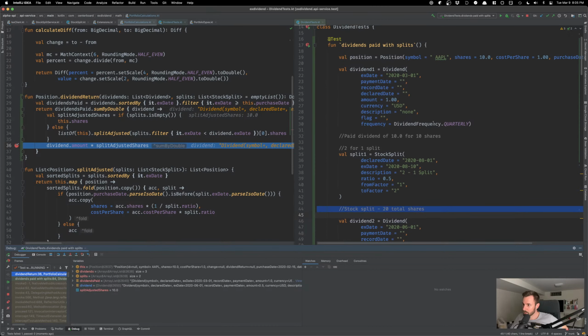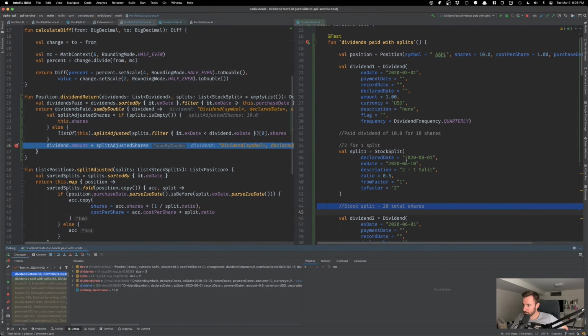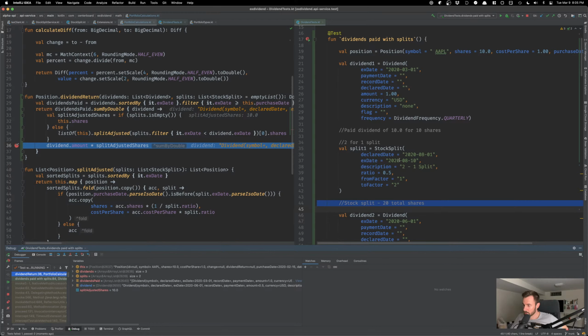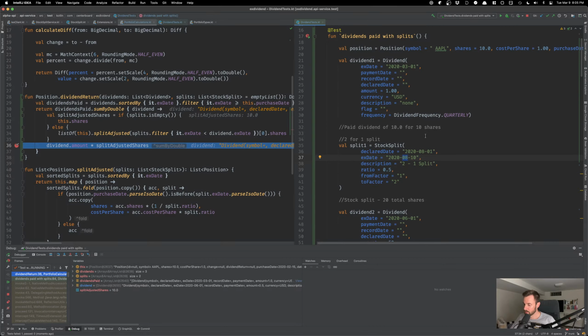We got to fix the stock split dates, right? This split on, let's call it 2020-03-15, and it was declared 2020-03-14.